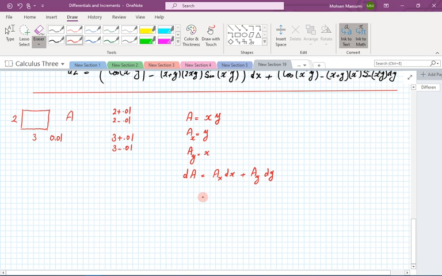So let's go ahead and do this. Well, A sub x, we calculated it was y dx, and A sub y was x dy, exactly what we had said before.